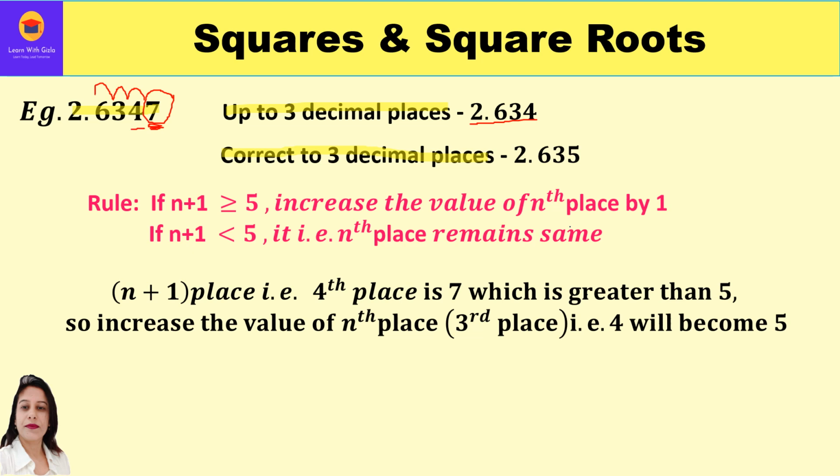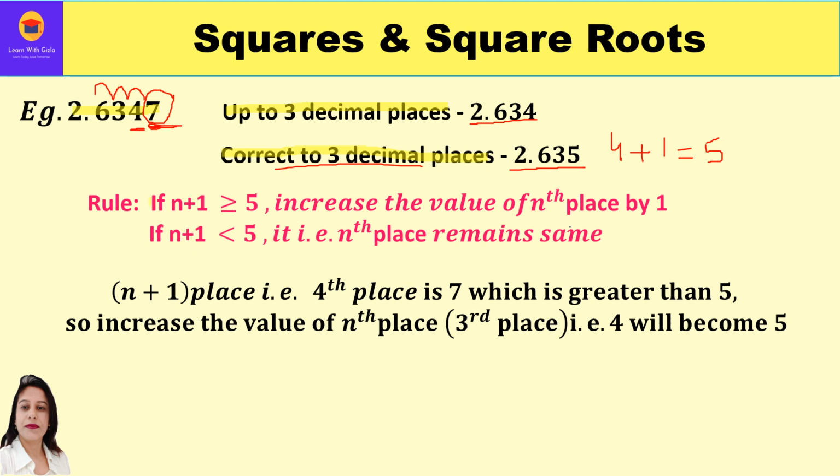So increase the value of the third place by 1. So the answer comes to 2.635. We have added 1 to 4 and we got 5 in the third place. So we have corrected the third decimal place depending on the value of the fourth place. That is what the rule says.